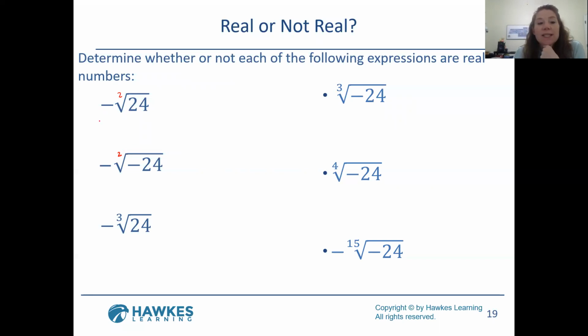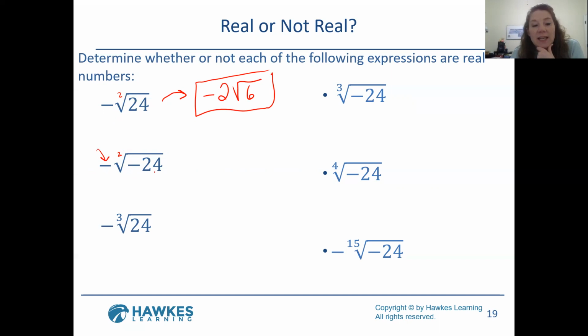And then they want to know, what is the opposite of that? What is the opposite of 2 square roots of 6? It'd be -2 square roots of 6. And that's a real number. That's fine. Now this one right here, we're okay, but then it wants to know the square root of a -24. Nope, that is not real, not a real number.